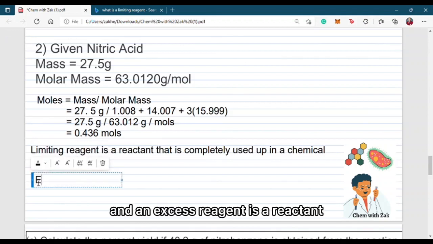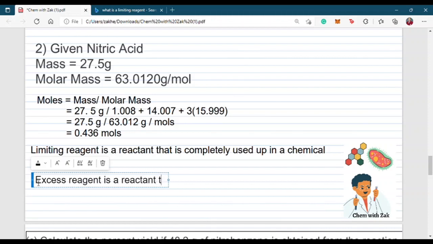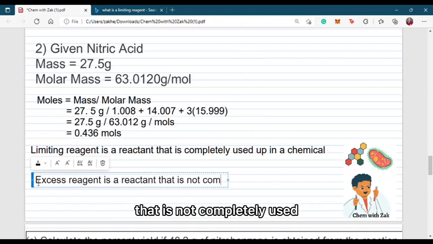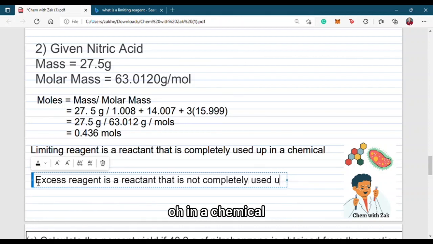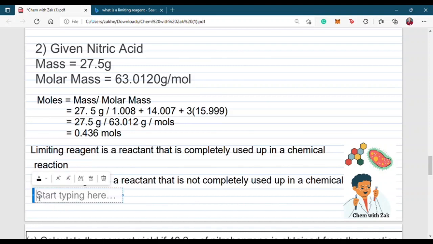And an excess reagent is a reactant that is not completely used up in a chemical reaction.